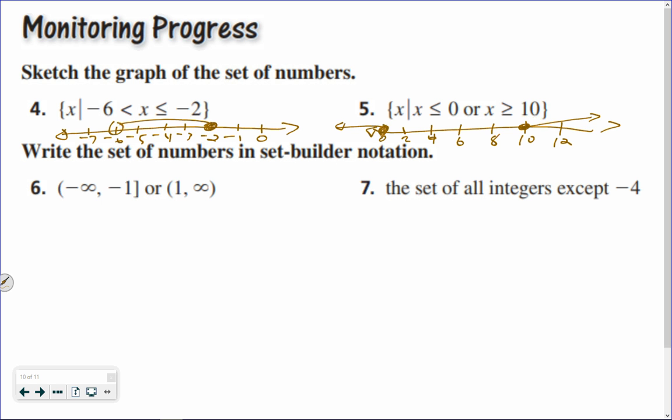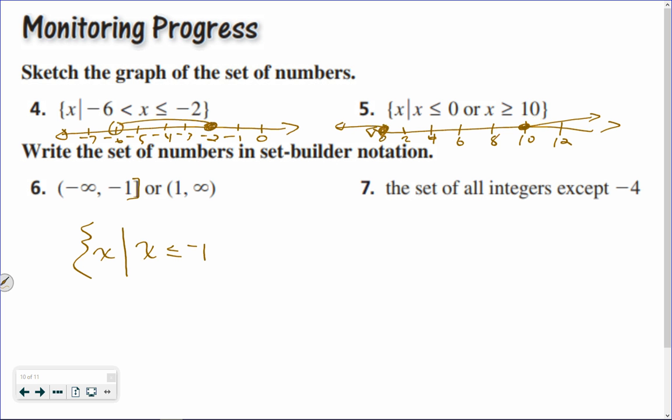Okay, so on this one, on 6, this is what it should look like. Set builder notation, so I'm using my brackets like this. So for all values X, and then put my line there. It's an OR problem, right? So X is going to be less than or equal to. How do I know it's equal to? Because of that bracket right there, right?